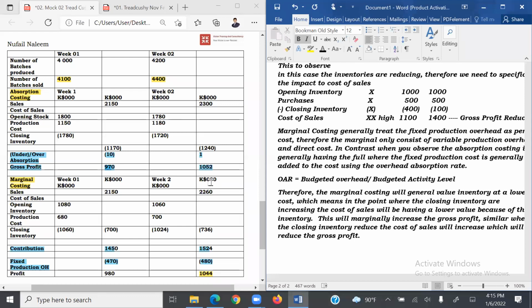In that case, you see here, the gross profit is very high. But you see here, the profit is comparatively lower when you compare with this one. So that is the basic understanding, students. Marginal costing will always exclude the fixed cost element. So that is the basic understanding there.